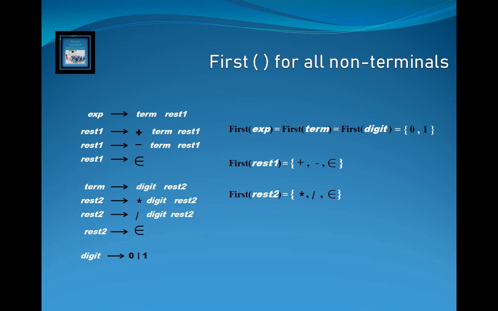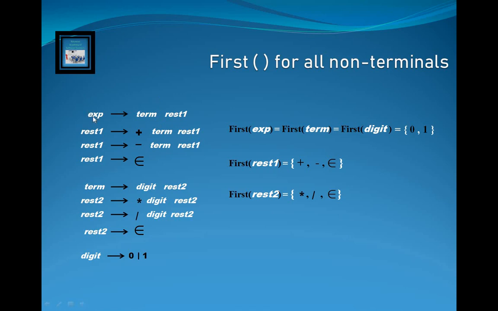It will help us to write conditions in the code: if your current token, or look ahead, is within the first set of that non-terminal, then that non-terminal's production can be used, otherwise it cannot be used. That's why we apply the first function on all non-terminals of the grammar.